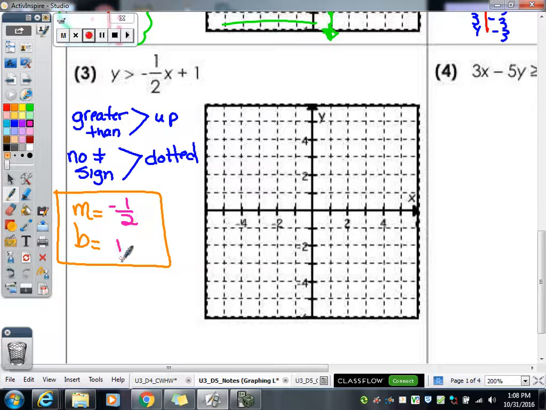So I'm going to begin at 1. Now, some of you still struggle with this M and B, how to do the slope. The positive or negative is always in the numerator, okay? So here, because the negative's in the numerator, it means I'm going down 1 and then always run to the right 2. So down 1, right 2, down 1, right 2, down 1, right 2.